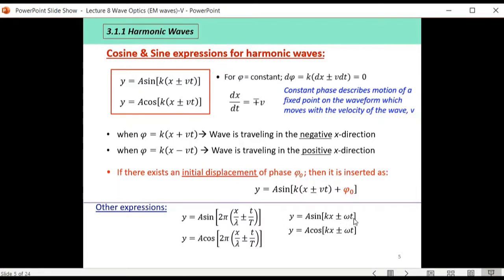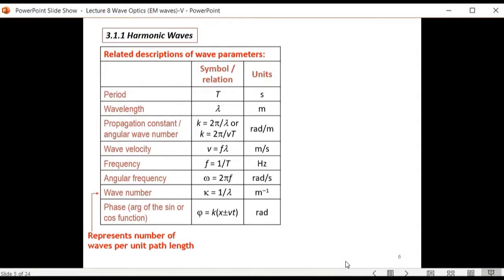Or the phase can be written as kx plus or minus omega t, where omega is the angular velocity. And this table gives the usual symbols used for representing the wave.